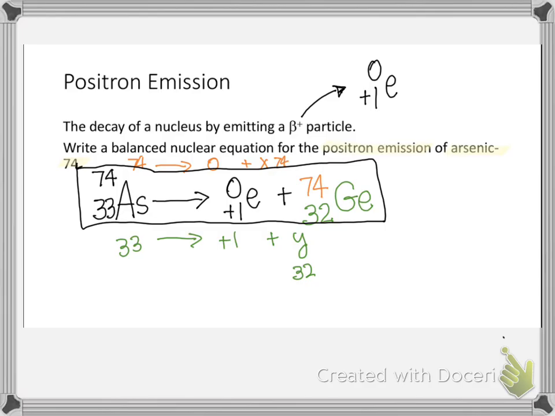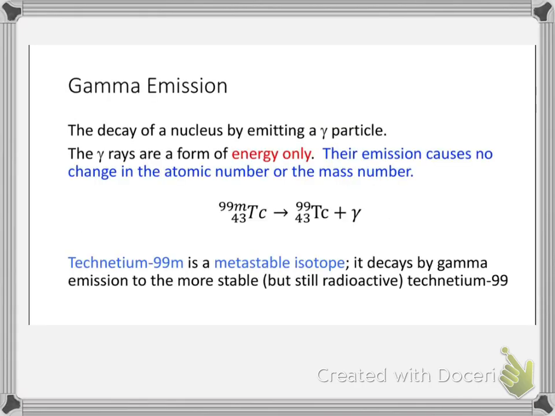So now let's look at gamma. The first three are all particles, so they all have symbols. So we have alpha, beta, positron. And now let's look at gamma. So gamma, which doesn't have a symbol, you just use the lowercase Greek letter gamma. This is energy only.